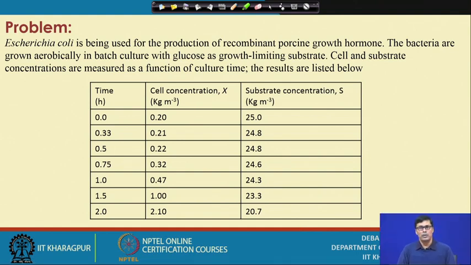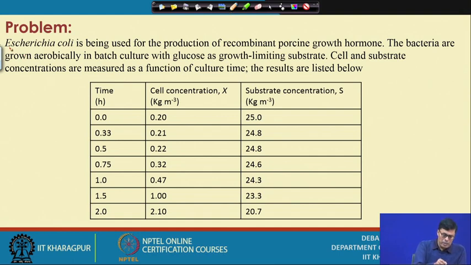When cells grow in a particular system, the question comes how you can monitor the kinetic constants, as for example the maximum specific growth rate of the cell and the saturation constant. Now this problem deals with this.